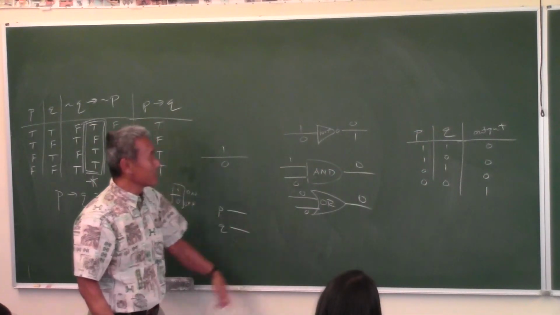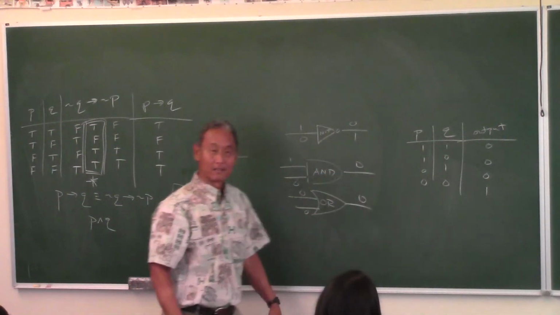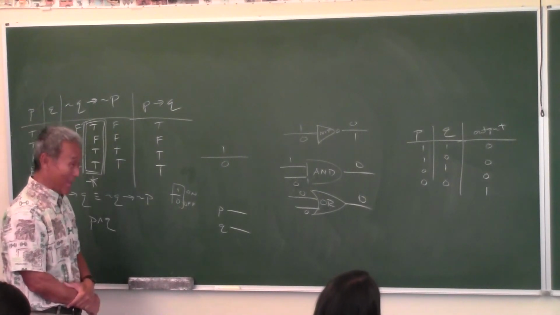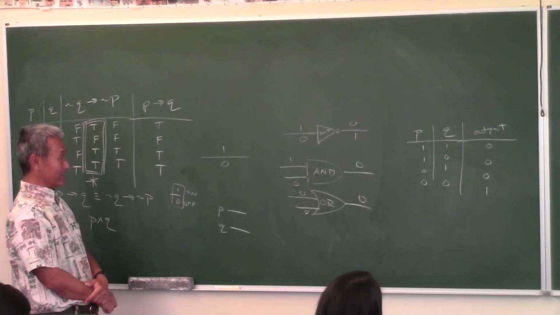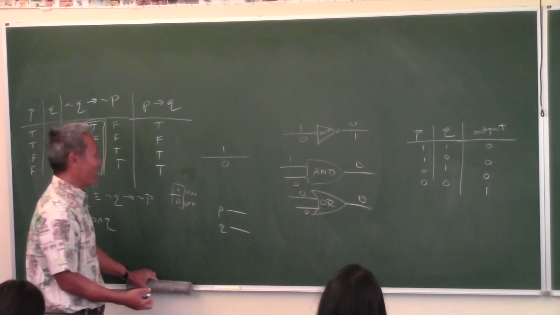Using just these three things here, can you design a network so that this is the output right here? The answer is yes, you can. If not, you get -8.